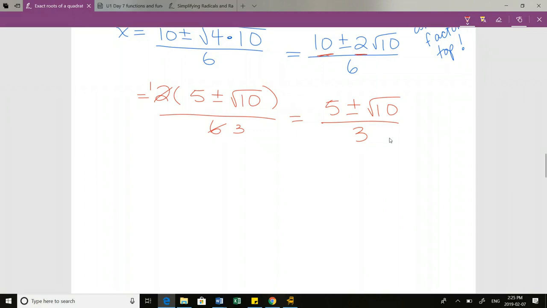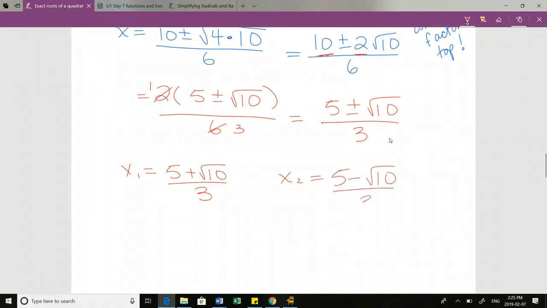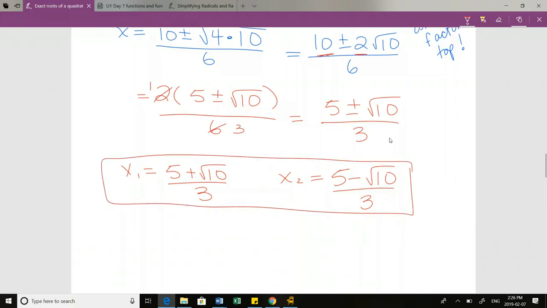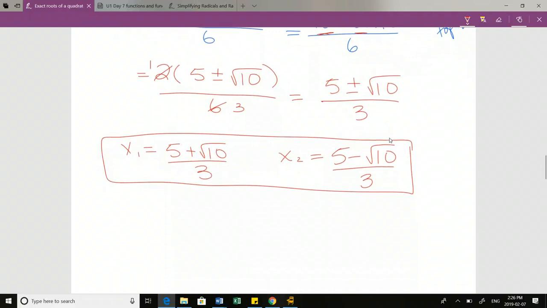Okay, so my two options here, my x1 is the plus option, 5 plus root 10 over 3, and my x2 is the minus option. Okay, these are the exact coordinates of my x-intercepts. So we're still finding x-intercepts with this quadratic formula, we're just expressing them as exact values.